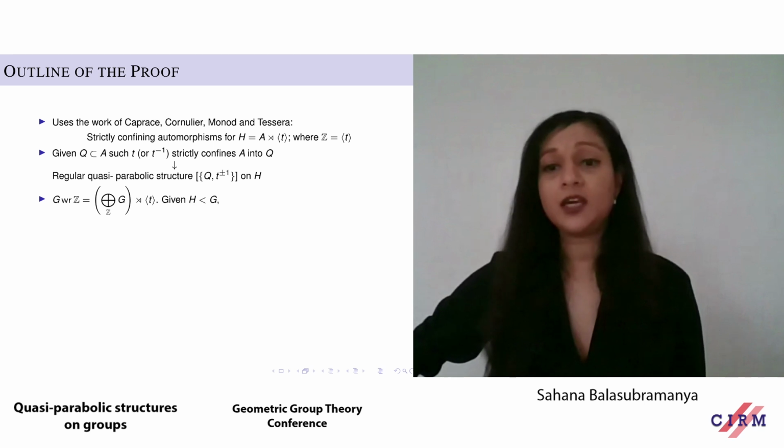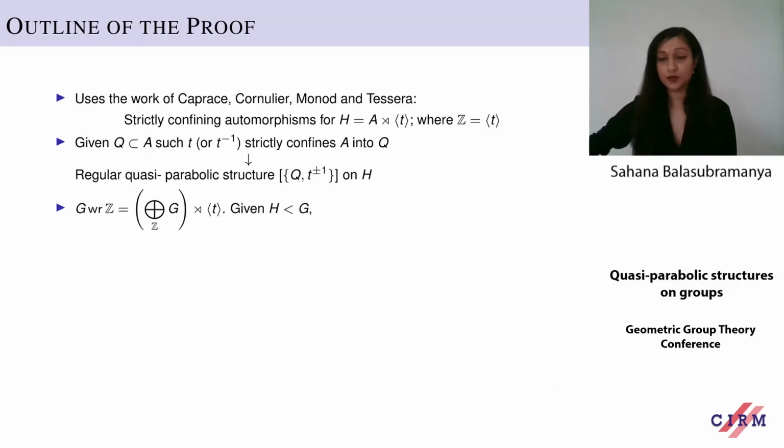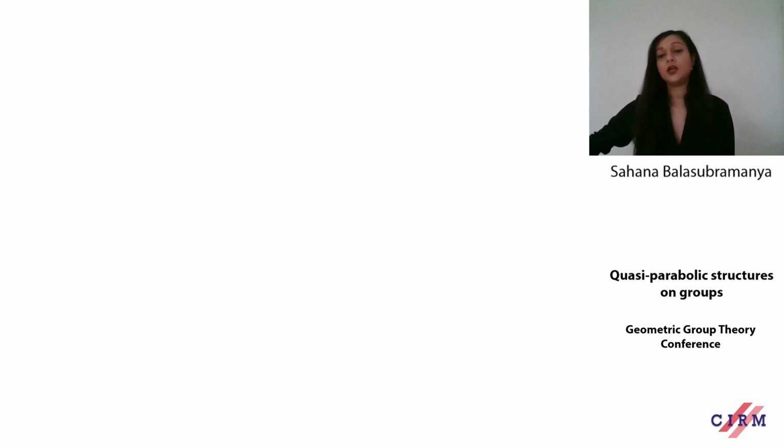And now I pick my subgroup H of G, and I'm going to define sets which are subsets of A that are going to be confining under the action of T and T inverse.